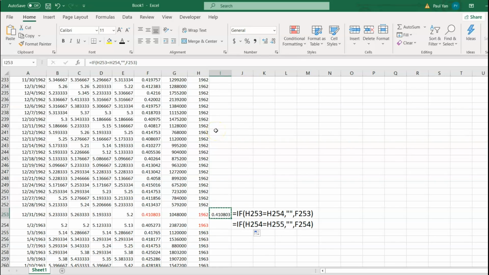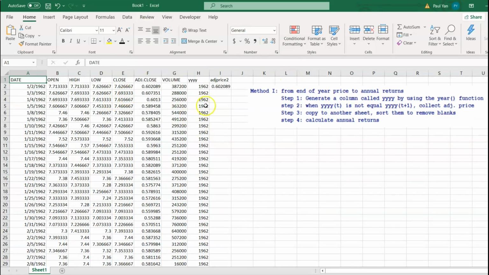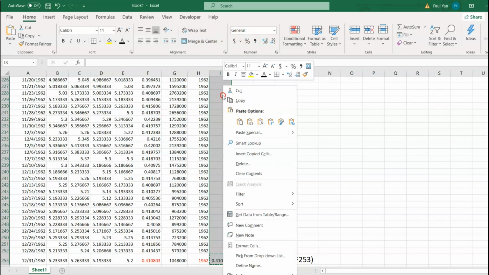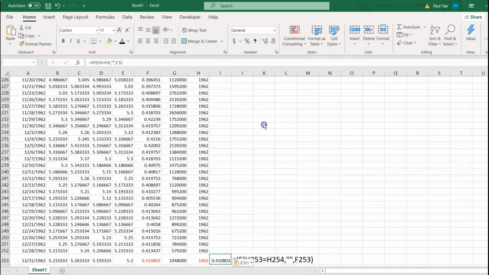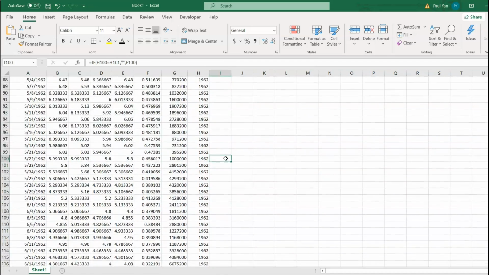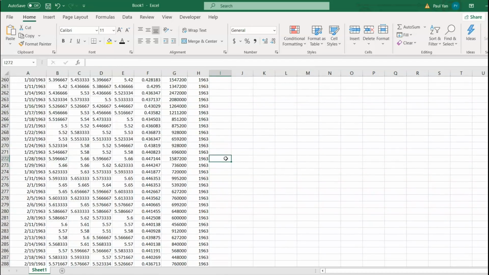We go up to the top and press Control Shift down arrow, and paste the formula. Of course, we don't see anything until this one.